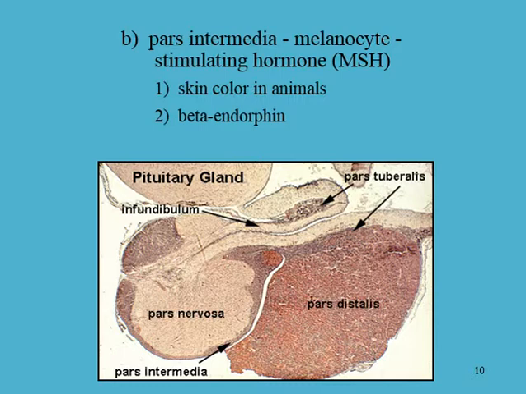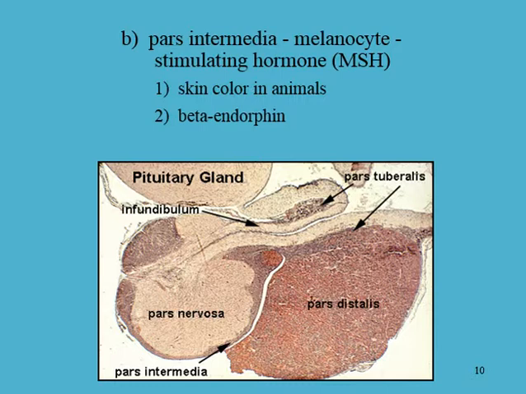You got the dark ones, you got the light ones. It turns out those animals are adjusting their coloring to their environment so that they will be less obvious, and they do that by changing their levels of MSH, melanocyte stimulating hormone. Again, not really an important role in humans in our skin color, but it does have that effect in animals.